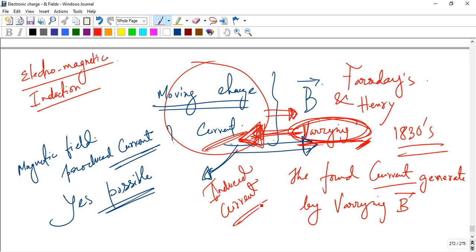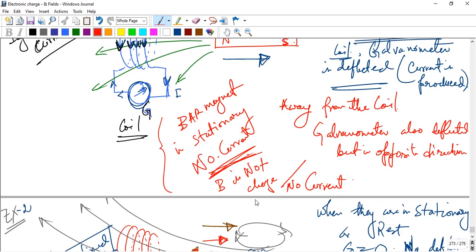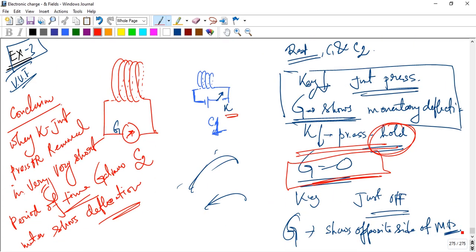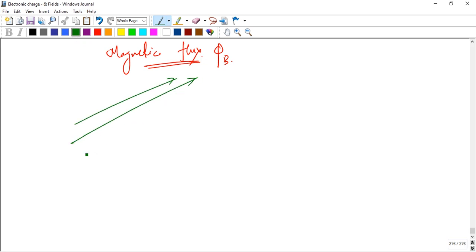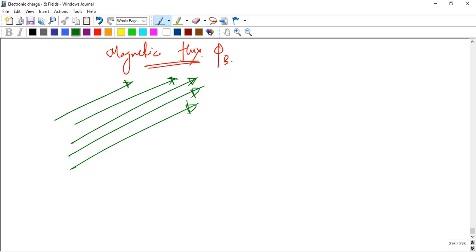Now we discuss another concept, magnetic flux, similar to electric flux. If there is a magnetic field, there is obviously magnetic flux, Phi B. Suppose these are the magnetic field B, and we choose a small surface here.